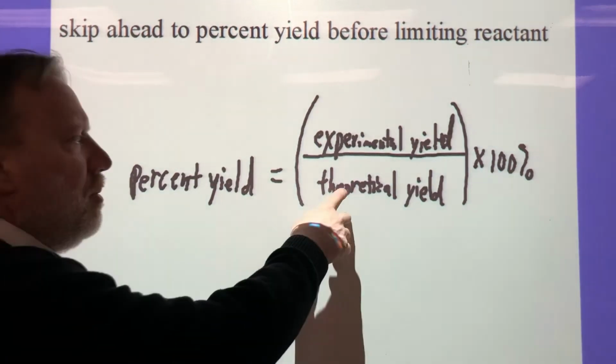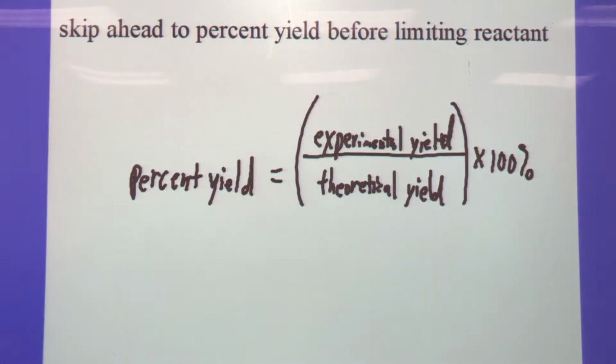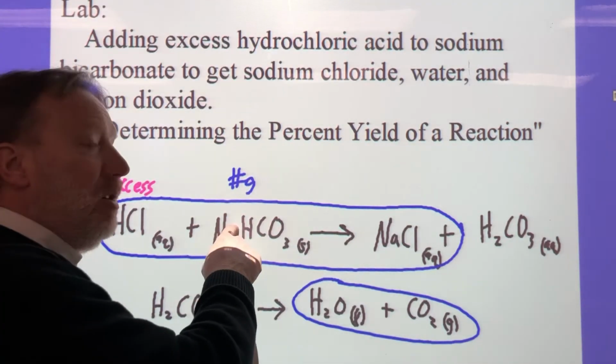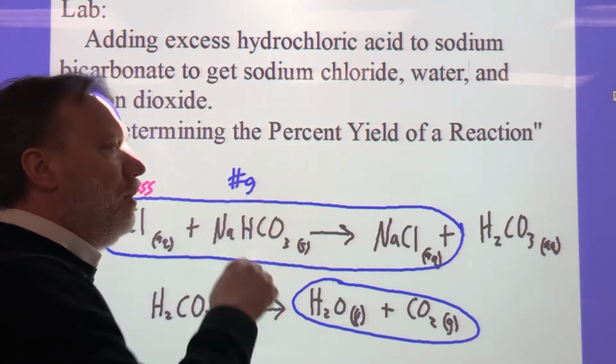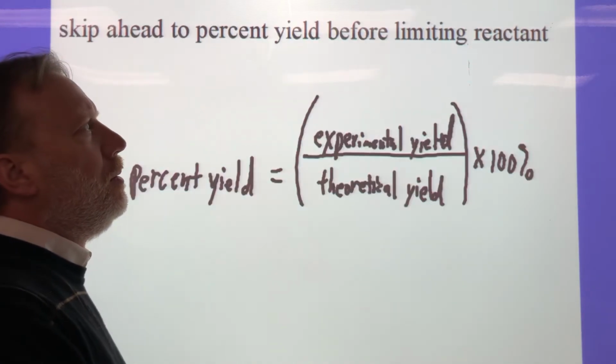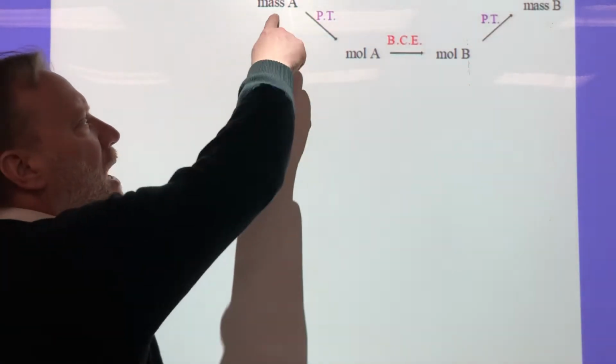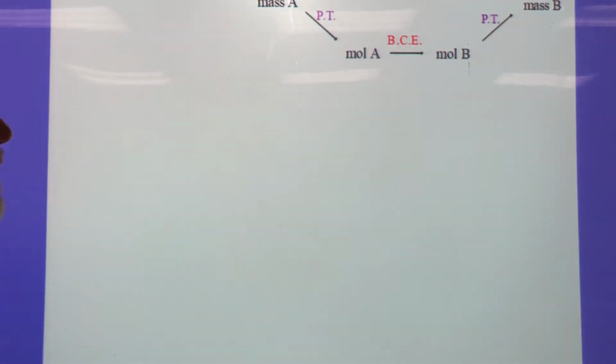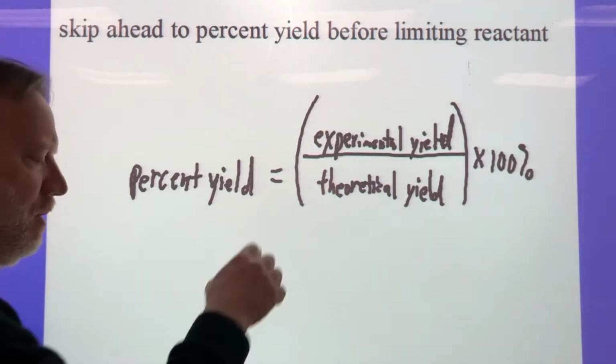That's where our theoretical comes in. If you know on the scale how much of this you have in grams, you can do this calculation: mass to moles to moles to mass to predict exactly how much NaCl you should get. And that is your theoretical.